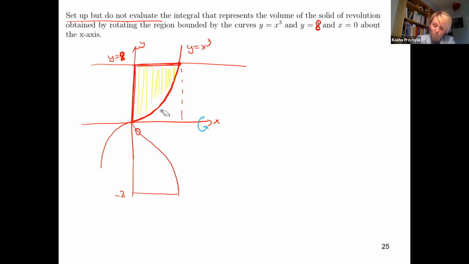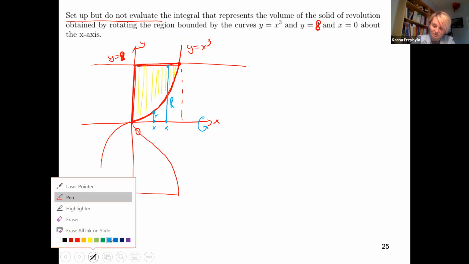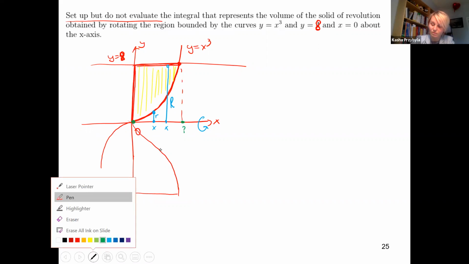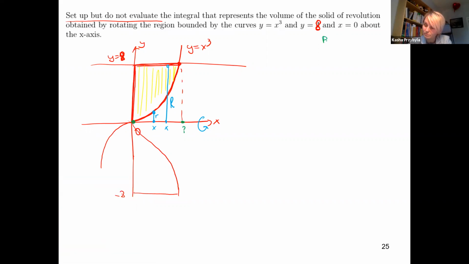We know that this will be a washer, and I can just write the one radius, the small inner one, and the outer radius. Both of them are defined for some x, but x is between 0 and that point. That means let's first find the point of intersection.